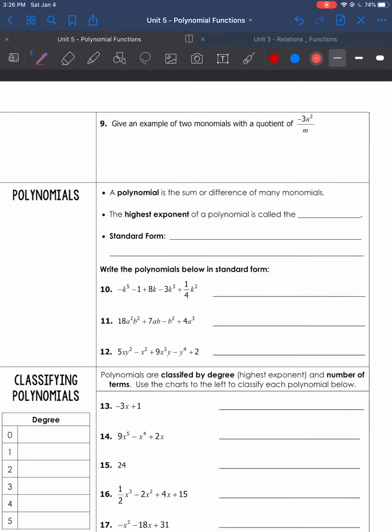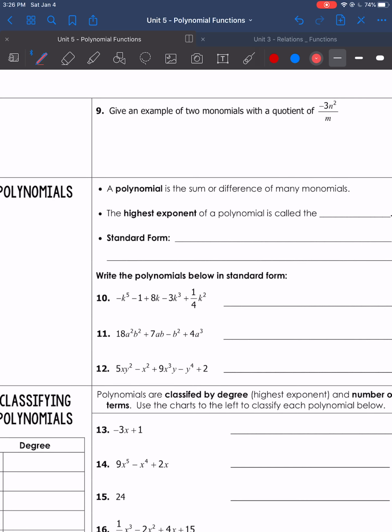Give an example of two monomials with a quotient of -3n squared over m. So with that, I'm going to give you the example, but there's multiple different types of examples you could come up with. You want something that simplifies to -3 over 1. So -36 over 12 simplifies to -3 over 1.